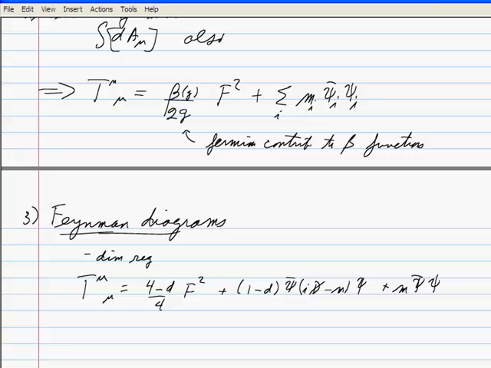Okay, so normally these two terms vanish for slightly different reasons. This one vanishes by the equations of motion. This guy vanishes because d is equal to 4. It turns out when you do loops, neither of those end up happening.